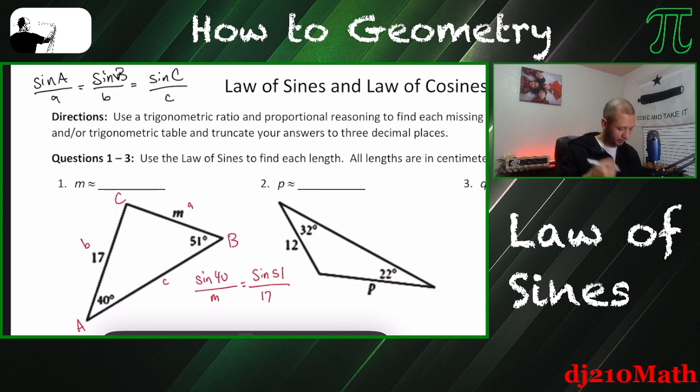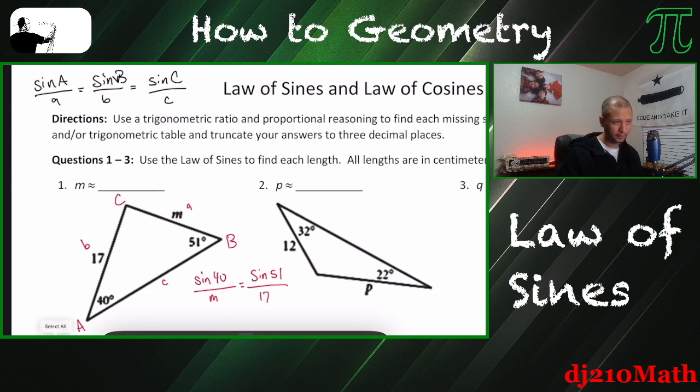Notice sine 51 over 17 is complete, right? The only thing that's missing is one variable. So if somehow you set this up and you have two variables, then you've done something wrong, or it's not going to work and we have to use law of cosines probably.